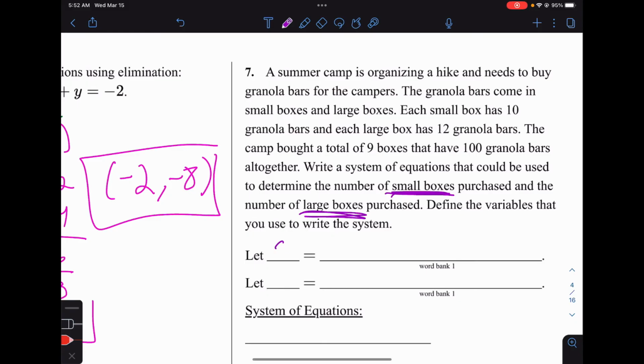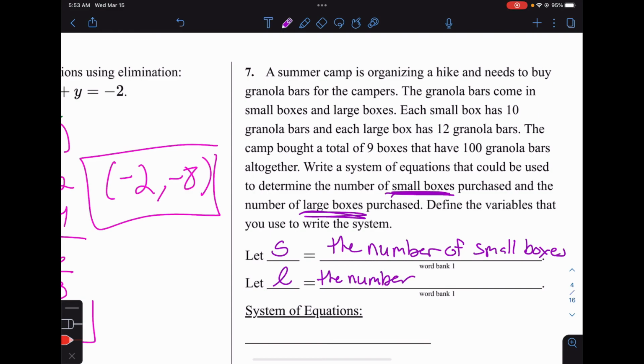So how about let's use S and L. Okay, a lot of the times on the SAT, it's going to blatantly tell you, let S represent the number of small boxes, and then L is the number of large boxes. All right.